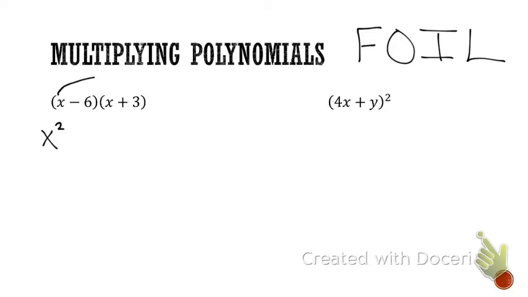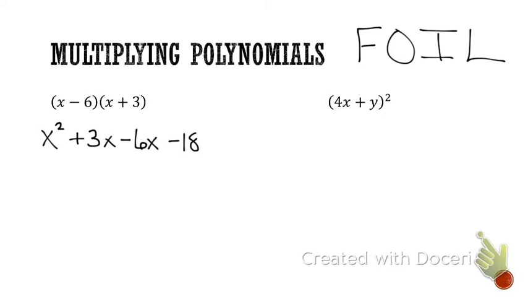Now I do my outside terms. X times 3x, x times 3 is 3x. Now I multiply my inside terms, that's my I, negative 6x. Now I do my last terms, negative 18. First, outside, inside, last.